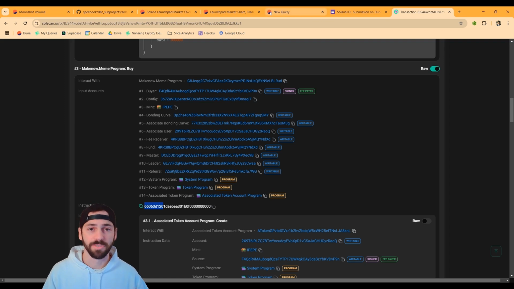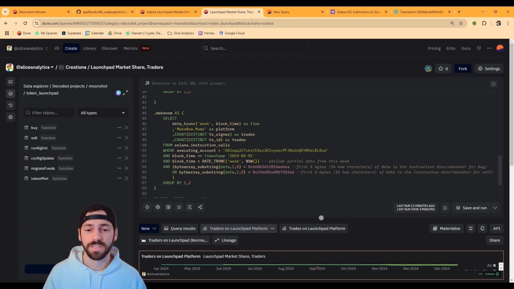So we want to grab that. If you're coming from EVM, this is very similar to grabbing, let's say, the function input or function call. You can think of it the exact same way. So I'm using this byte array substring to grab all that data, but just the first 8 bytes. When I say 8 bytes, that's the first 16 hexadecimal characters here.